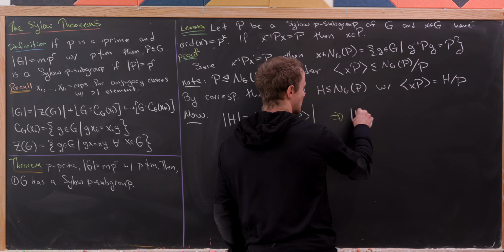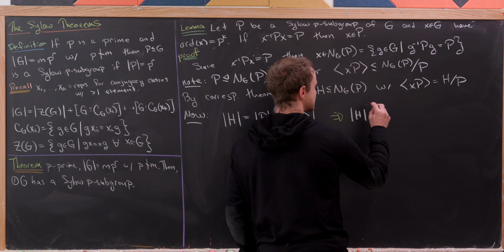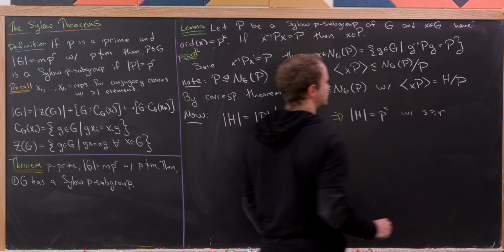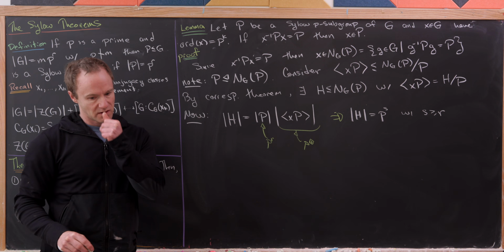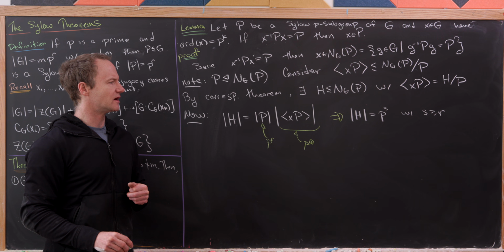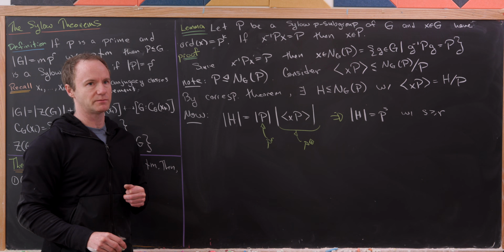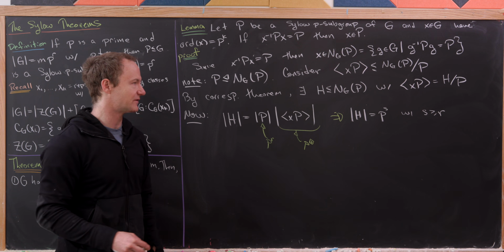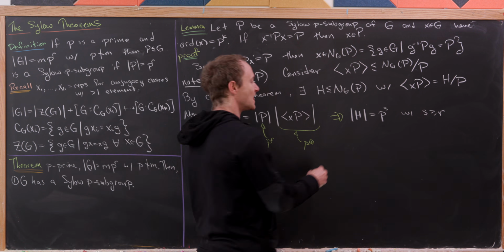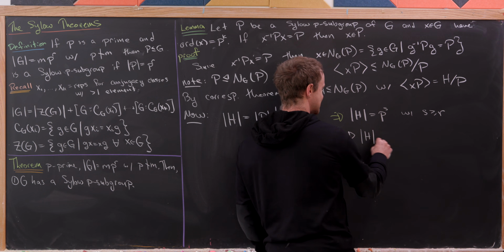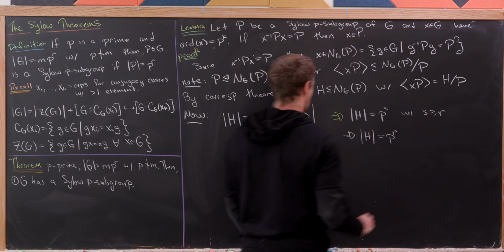So the order of H is equal to p to the s, with s bigger than or equal to r. But we know that the largest possible power of a prime subgroup is the Sylow P subgroup, just by the definition of Sylow P subgroup. So this s must be equal to r. In other words, the size of H must be p to the r.